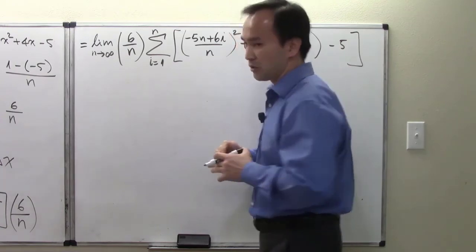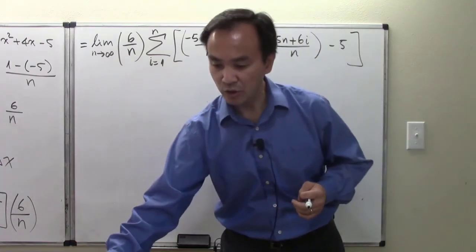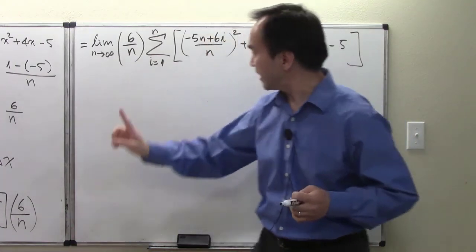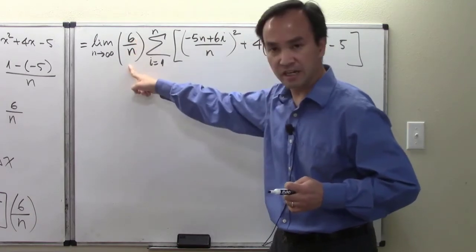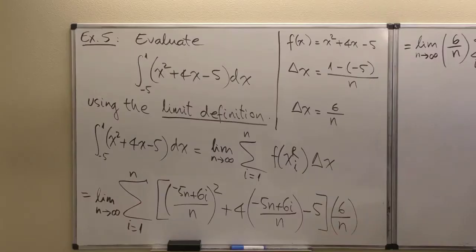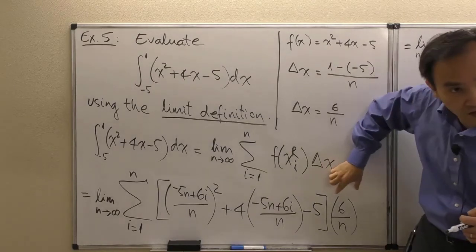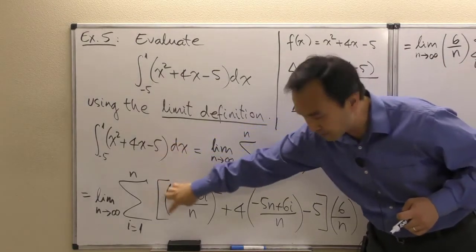Okay, and so quickly I'm going to swing back to the other board to explain that the reason I can pull out this 6 over n here is that from the previous step it was part of each of our summation terms.